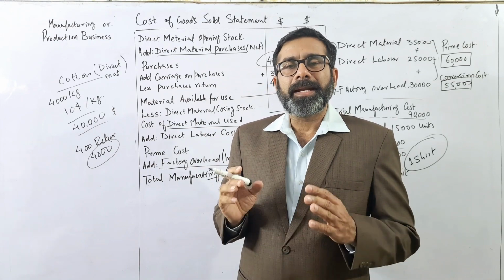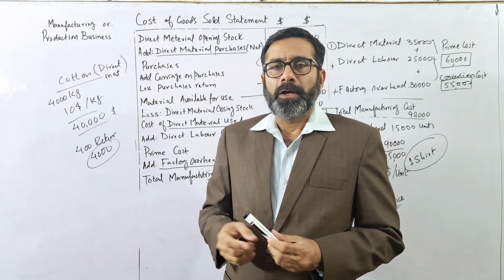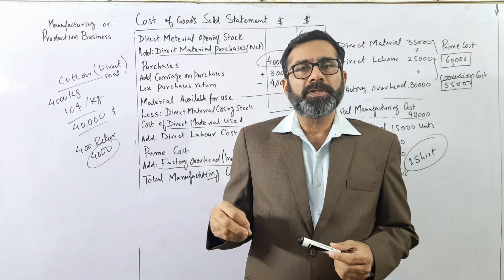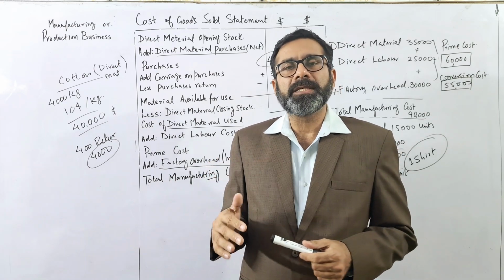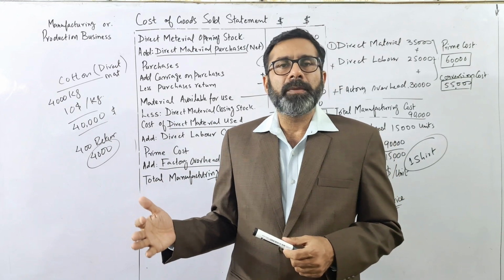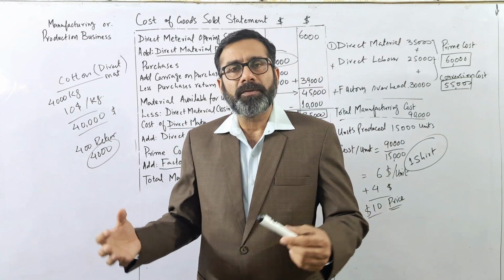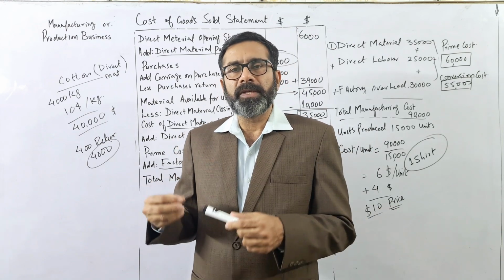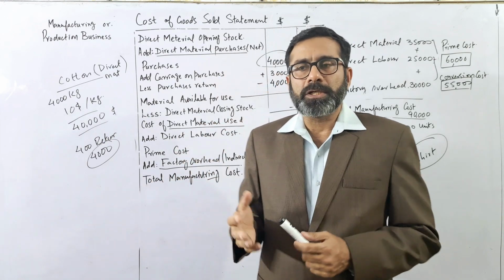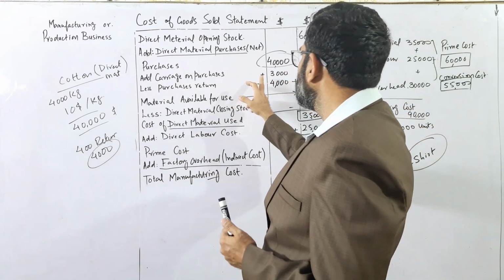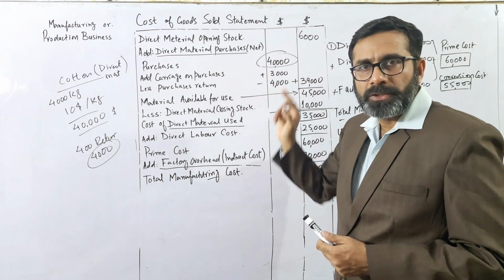But there are some other costs. Obviously, the cost of the transportation. They are not purchasing it from the same city or the same town. They may be purchasing from the other city, or it may be from the other country also. There's a cost of the freight, the cost of the carriage, or the cost of the transport. We assume that is $3,000.